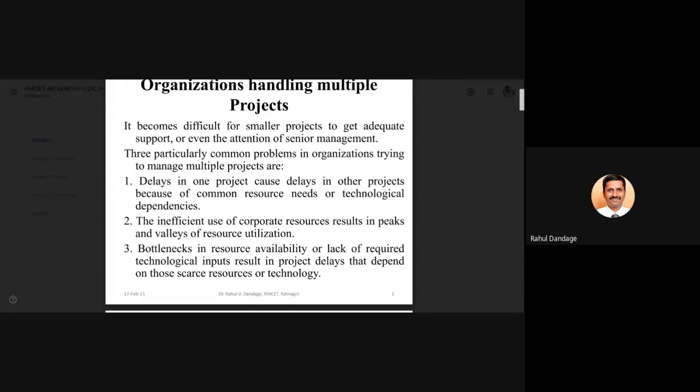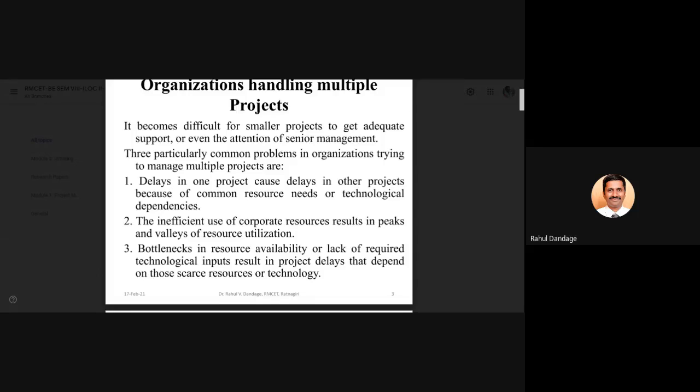So because of all this, if one project is getting delayed, then other projects from the same organization which are dependent on that delayed project will also have delays in their schedules.